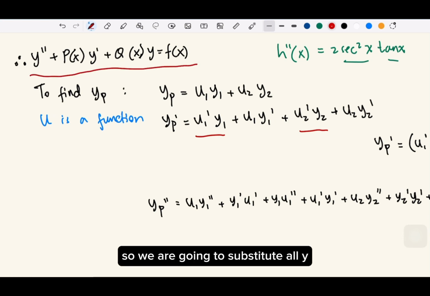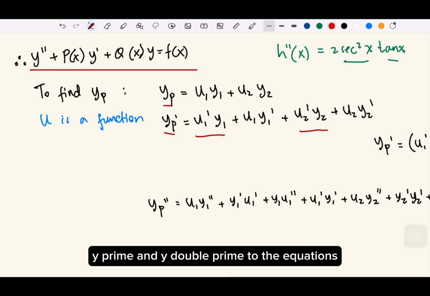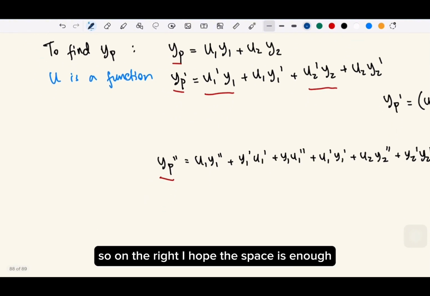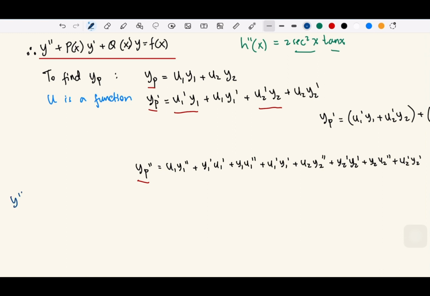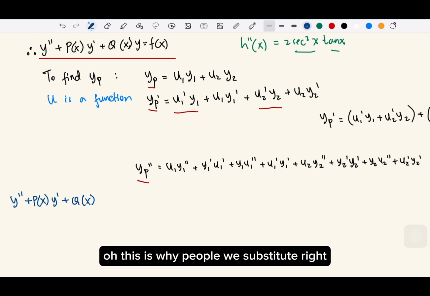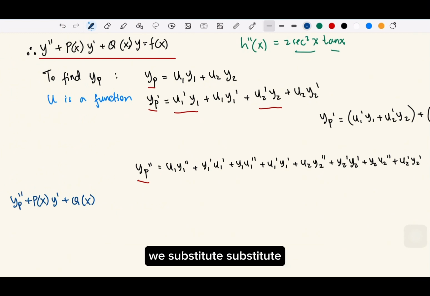So we are going to substitute all y prime and y double prime into the equation. I hope the space is enough. Oh, this is yp. We substitute, right?